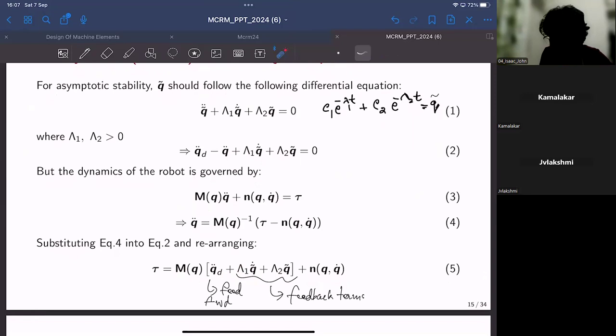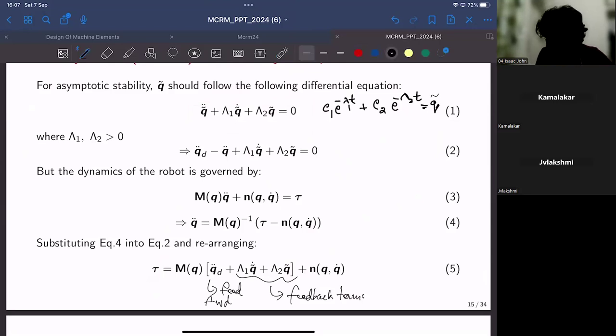because these are basically the difference between actual and desired, so those essentially involve some feedback terms. And this is actually what you call a feedback linearization term. So if you supply these joint torques onto a robot, you can basically guarantee that the robot will follow this second order dynamics, which translates to the system being asymptotically stable.